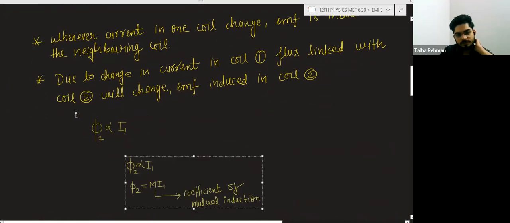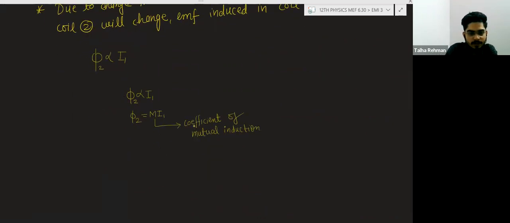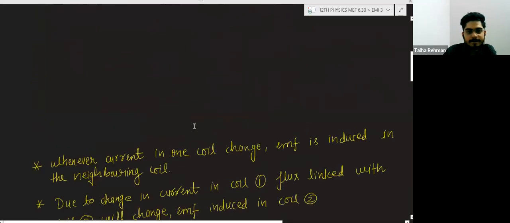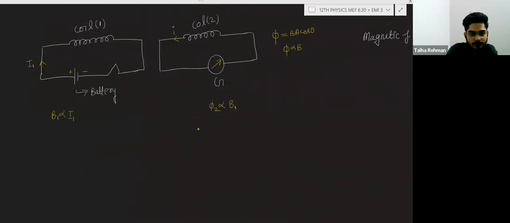Here you can write. So what is phi 2 here? Phi 2 I am writing here: phi 2 is the magnetic flux linked with coil number 2. What is I1?